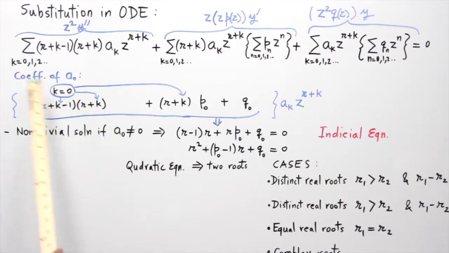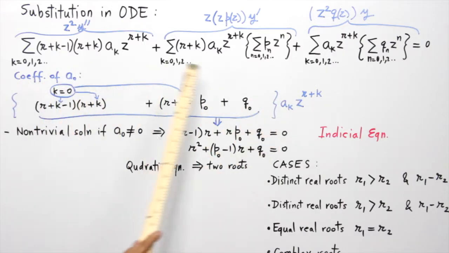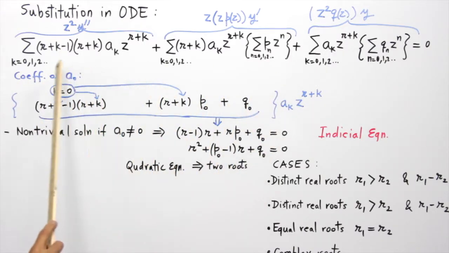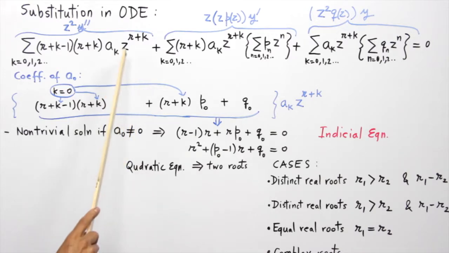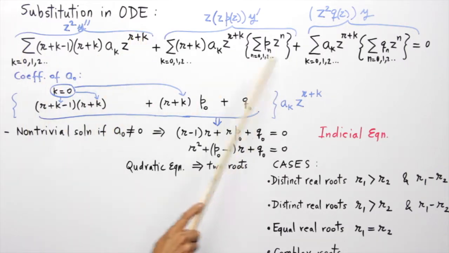All right. So we can now look at each of these expressions and ask: if this whole sum has to be equal to 0 for any value of z, then the only way that can be true is that the coefficient of each power of z must vanish, and then this equation would be valid.